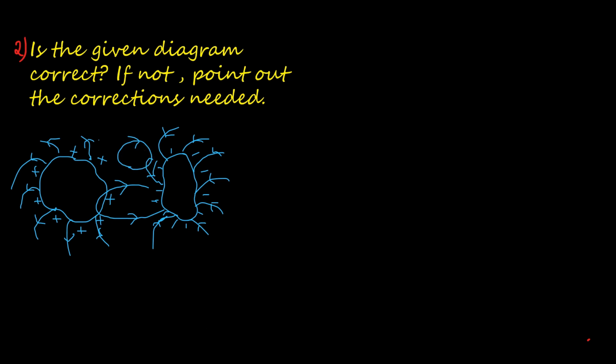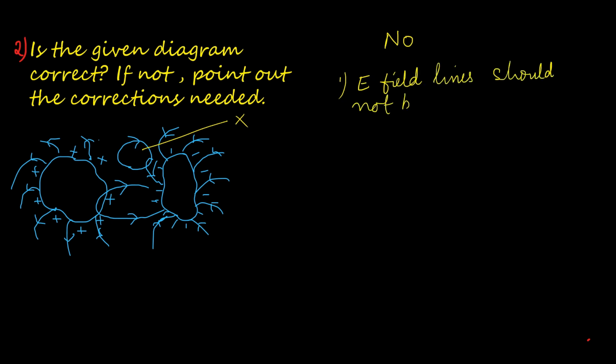That is incorrect. Electric field lines do not form loops. The first part of the question asks you whether the diagram is correct. So the answer is no. I will note the first point to be corrected. Electric field lines should not be shown as closed loops.